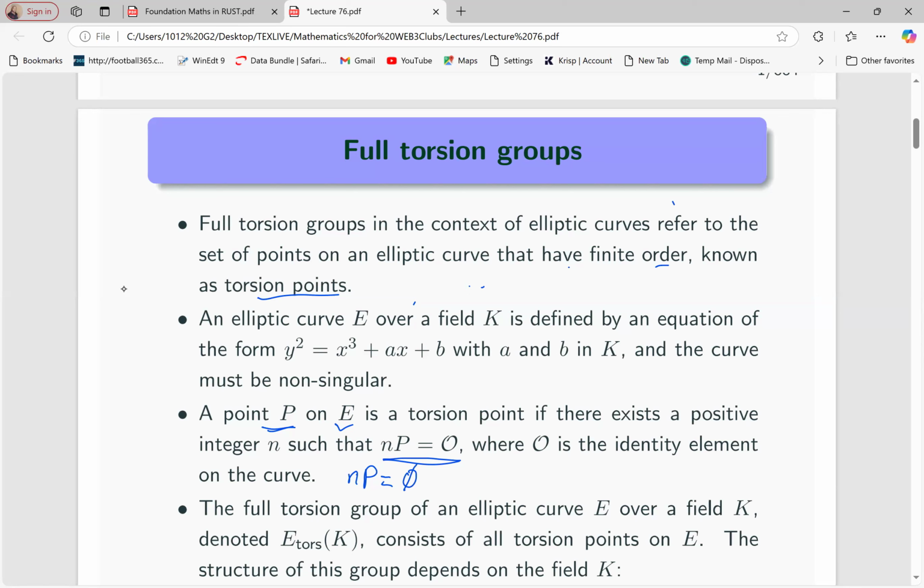What that means is that the order of P is n. So all points on the elliptic curve that can be written in this form are called torsion points.